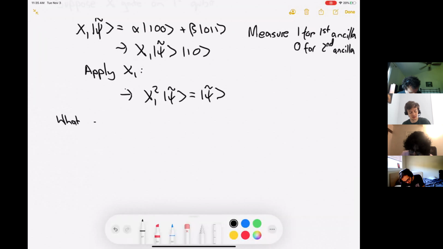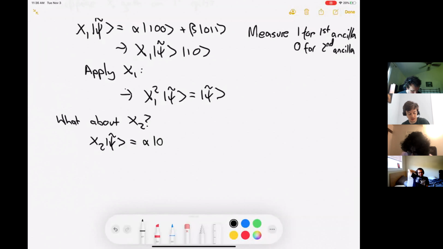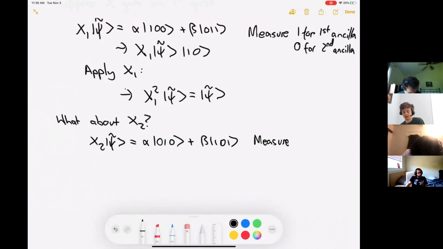What about if the error was an X gate applied to the second qubit? Well, then the state is going to be a superposition of 0, 1, 0 and 1, 0, 1. We're going to measure 1 for the first ancilla, because the first two qubits are different from one another.